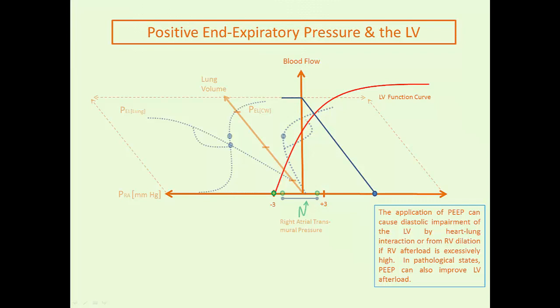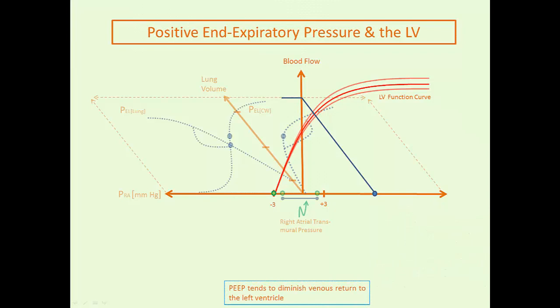And again, these are much more prominent effects in disease states that we will talk about in Chapter 4. But also in pathological states, most notably profound systolic heart failure, PEEP can also improve left ventricular afterload and shift the left ventricular cardiac function curve up and to the right. So down, up, again, these effects are minimal in health.